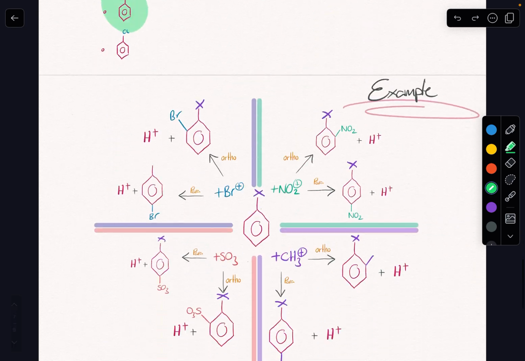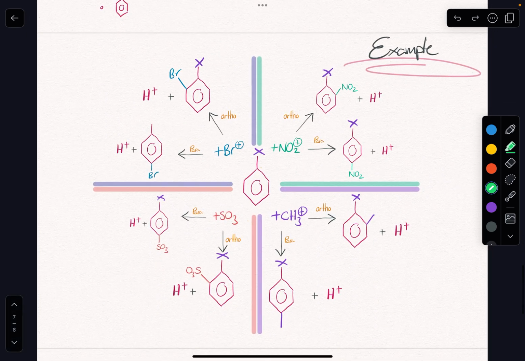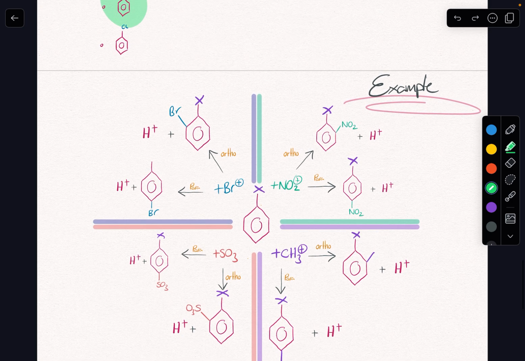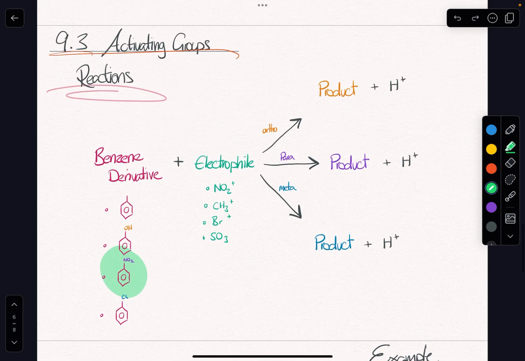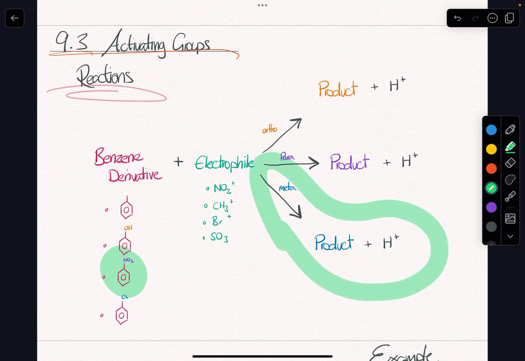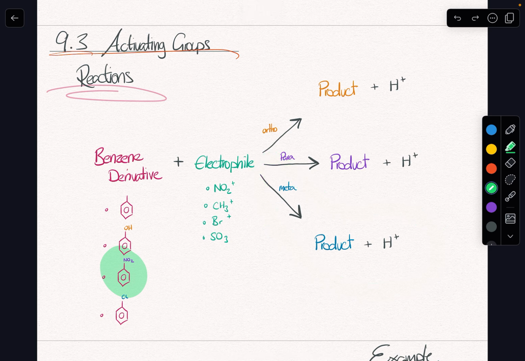But if you're doing evens, your flowchart looks like this for every single one. If you're doing a nitro group, however, you have to work out what your meta products are. So you have slightly less to do in terms of quantity, but you have a slightly more difficult job to do because you now have to draw your own meta products.